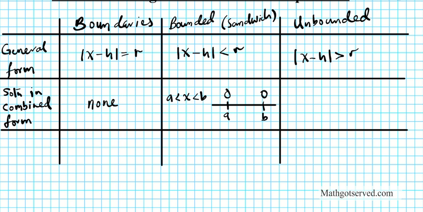That's what the graph of this bounded combined inequality solution looks like. So the solution set is anywhere between a and b. This is the solution in combined form. We can combine it with boundaries, which just fills in the circles. But this is strictly bounded, so that's why I have open circles here.